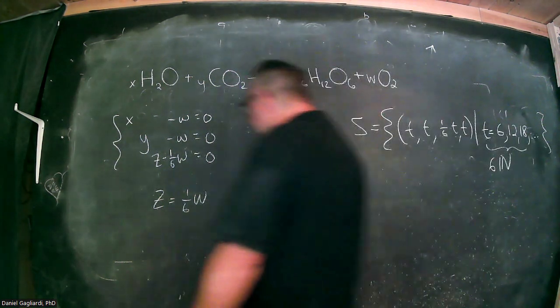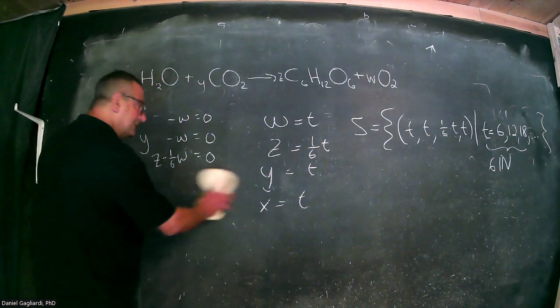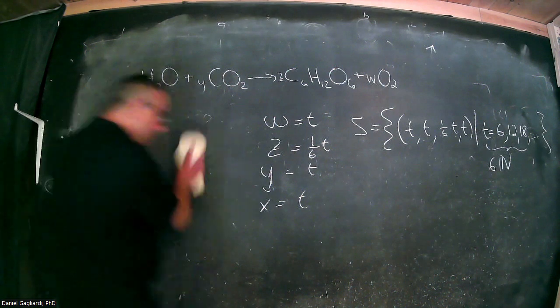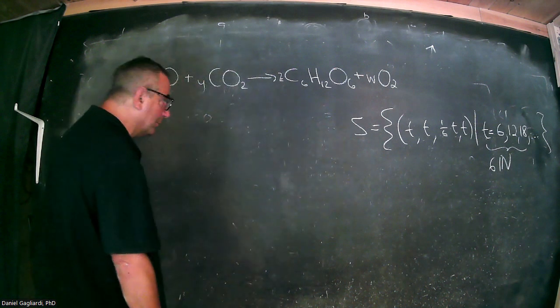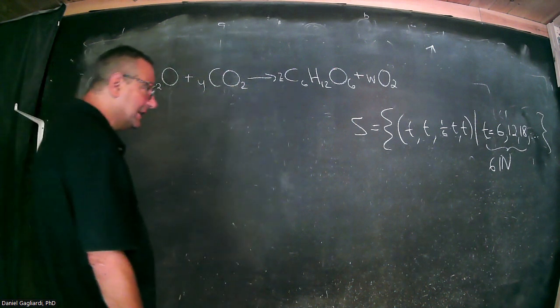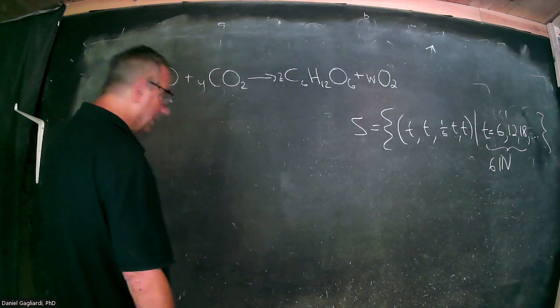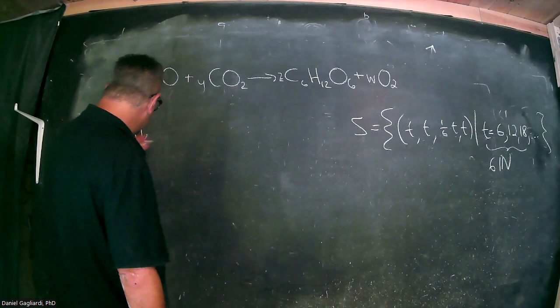Let's see if this works. For example, if t is equal to 6, that's our first value that's going to satisfy this chemical equation. Does the chemical equation get solved? We hope so. So t is equal to 6, so we have 6 H2Os.